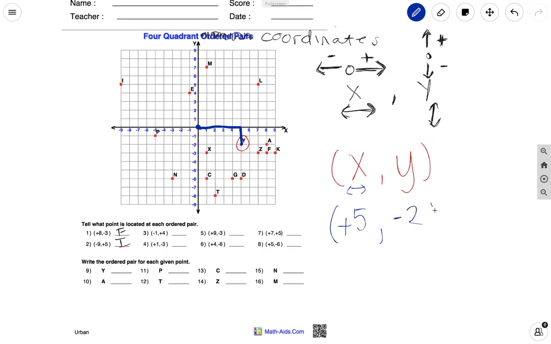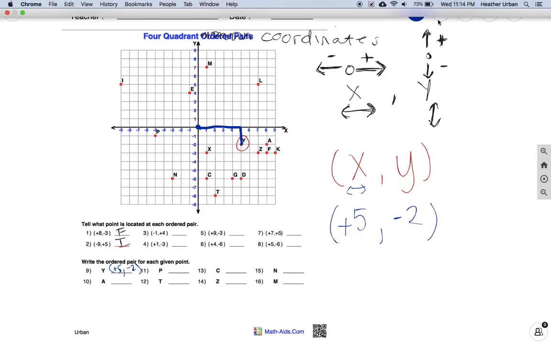So we went down negative 2. We went positive 5 on the graph, 5 to the positive and negative 2 down. So our answer for this one is positive 5, comma, negative 2.